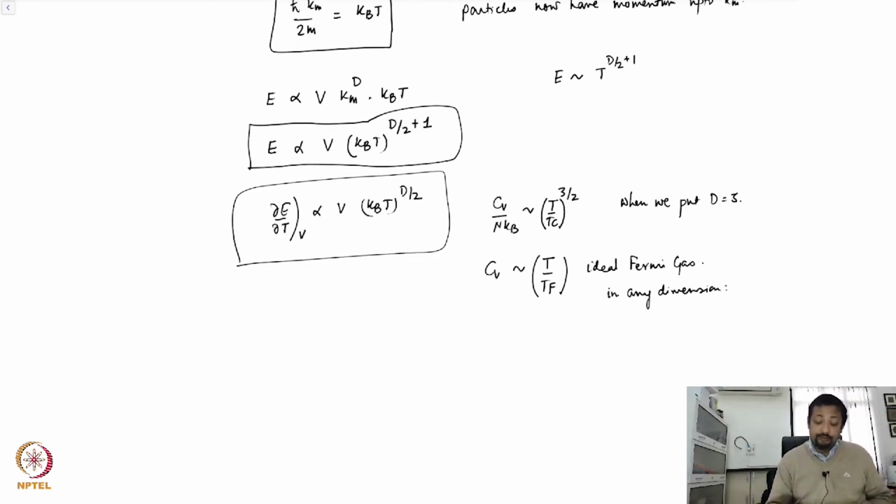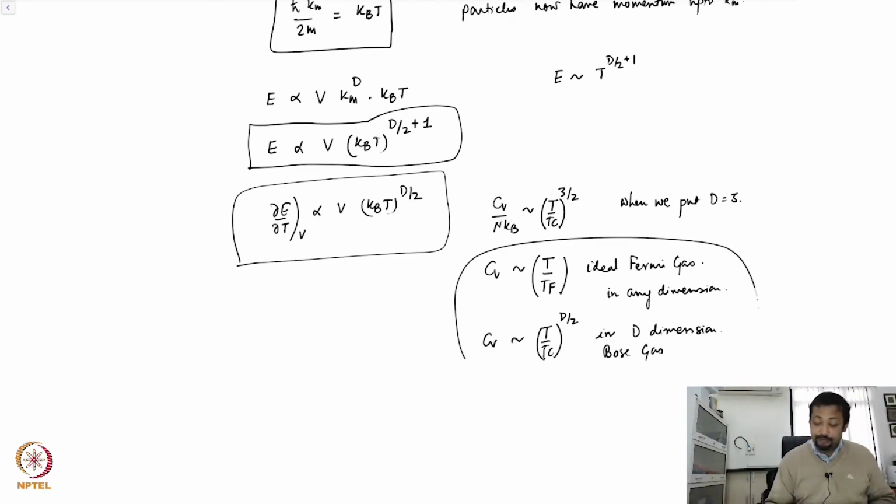In contrast, the specific heat for an ideal Bose gas will scale as T over Tc raised to the power d by 2 in d dimensions. So there is a remarkable difference between the specific heat for a Bose gas and the specific heat for a Fermi gas.